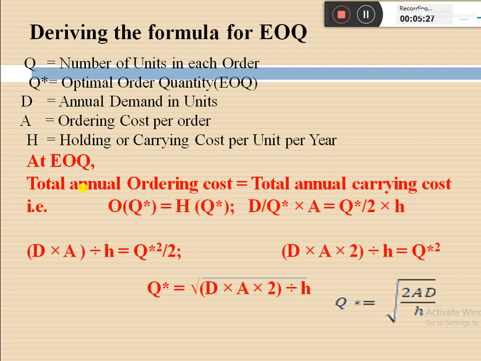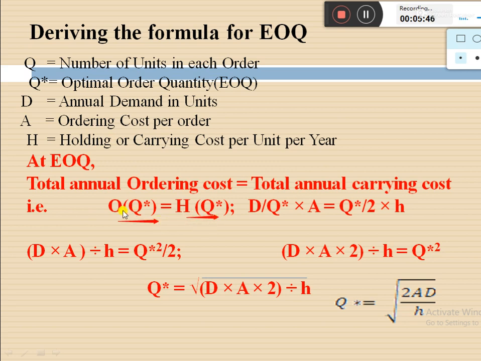At economic order quantity, the total annual ordering cost is equal to the total annual carrying cost. So by putting the formulas, annual ordering cost is equal to annual carrying cost.